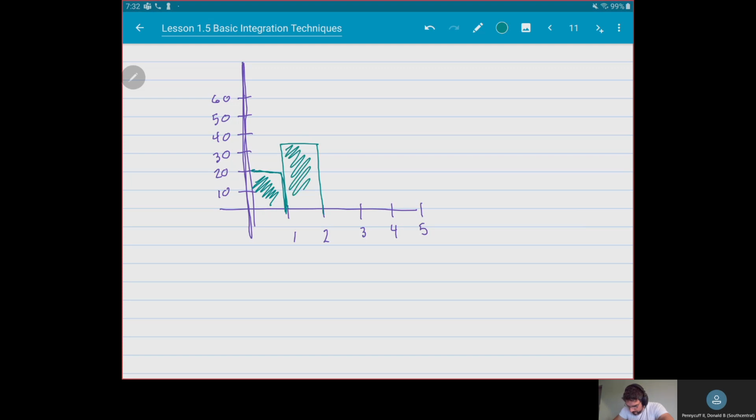And I'm just going to make a little basic graph to illustrate the difference between a function, a derivative, and an integral.